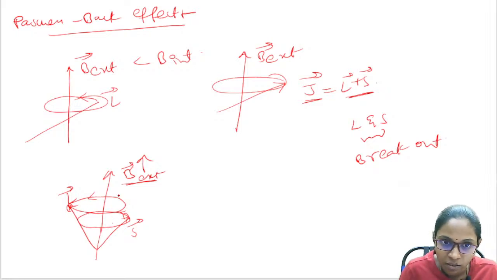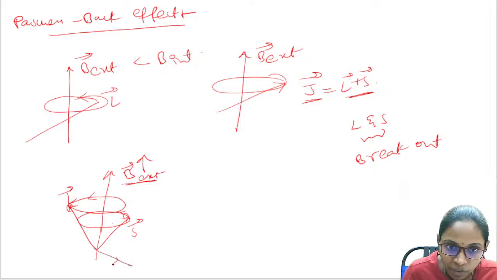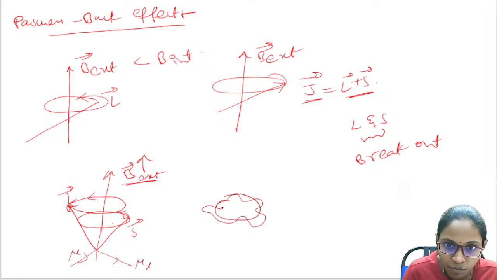If you further increase this external field, this S bar will precess faster, and L bar also precesses a little faster. Opposite to this we will be having mu L and mu S. As they precess faster, they will merge with each other.